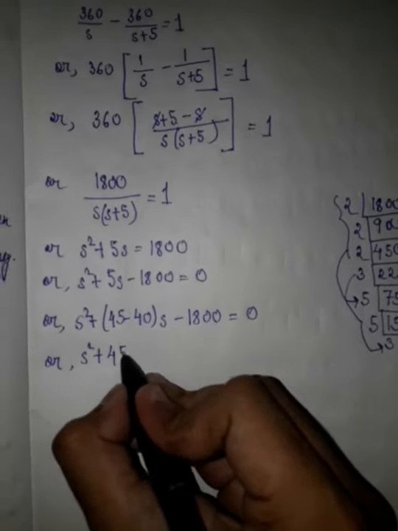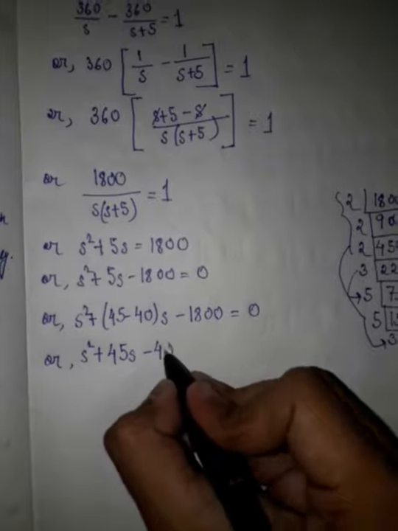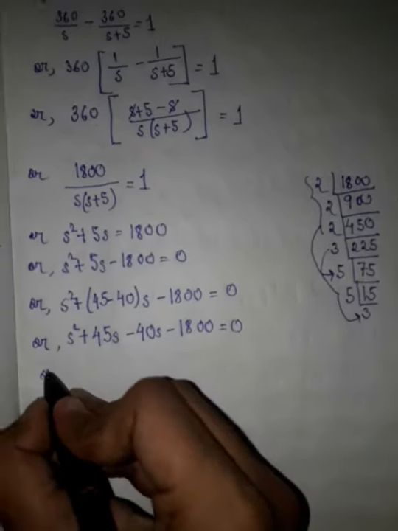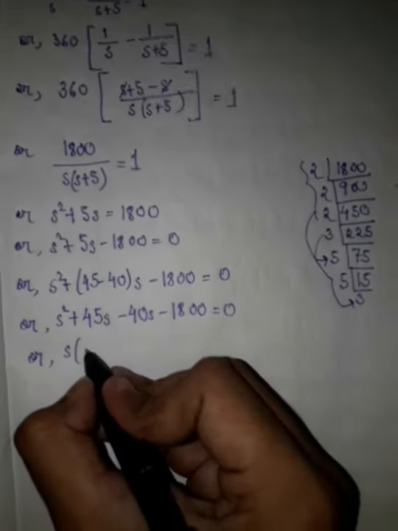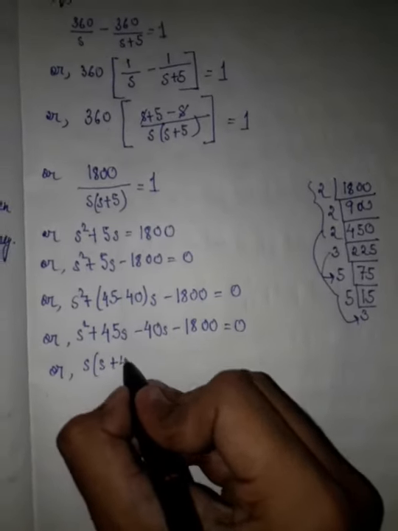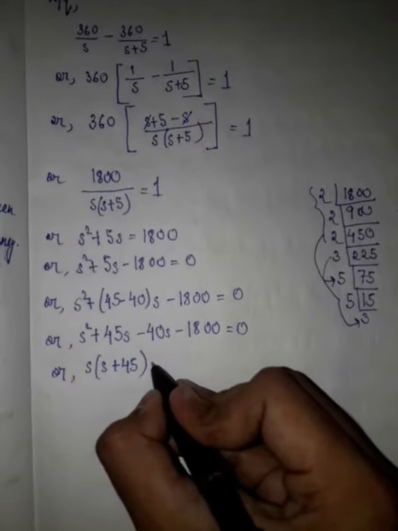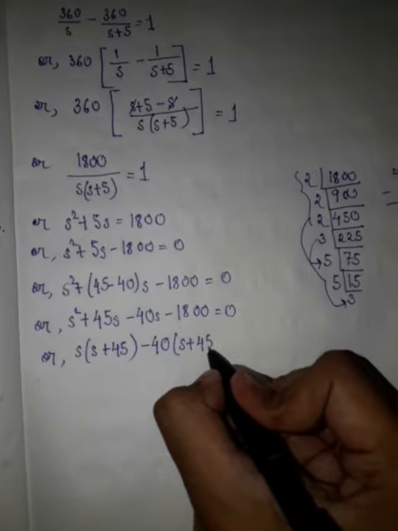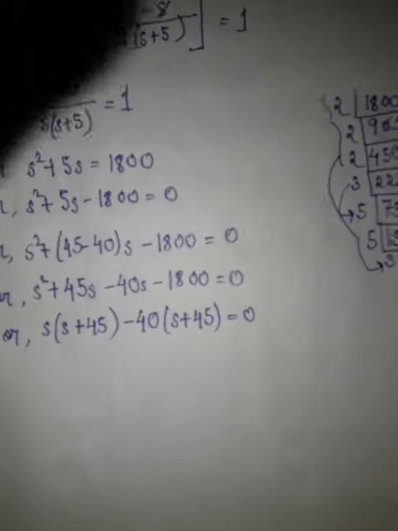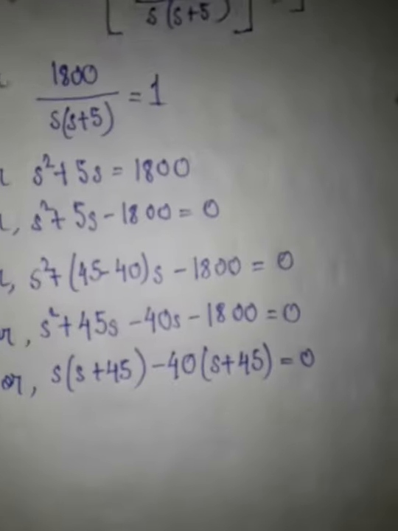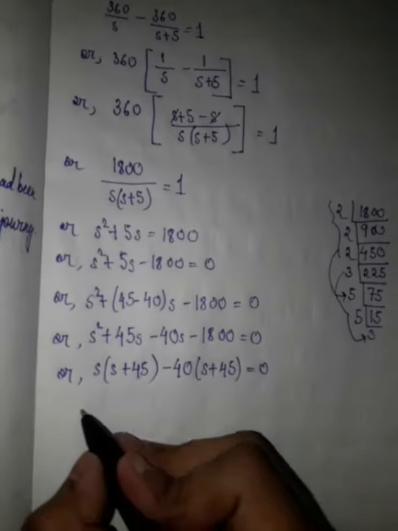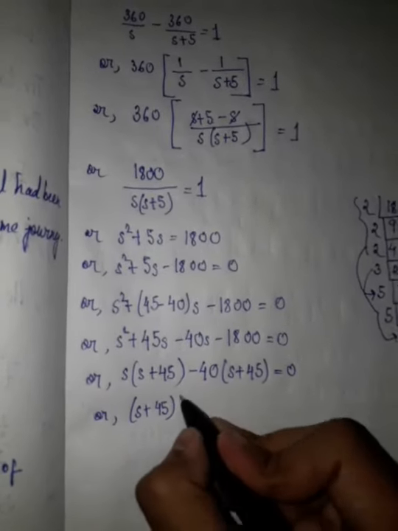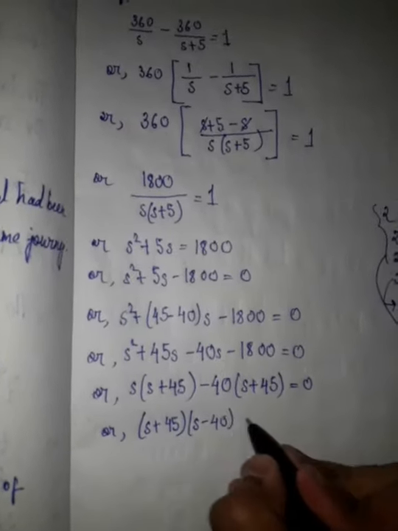Now the factorizing process is going on. Take s common from both terms, and minus 40 from the others, it will be s plus 45 equals 0. Okay guys, so we'll be taking the final common, that is s plus 45 into s minus 40 equals 0.